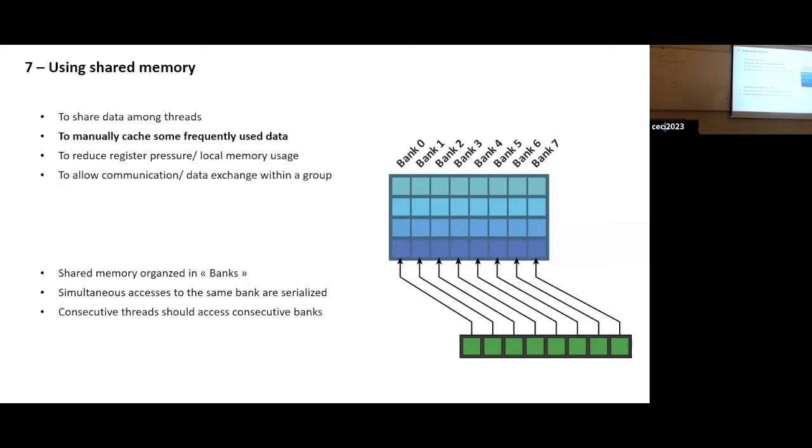It's the same if two threads want to write to the same bank, even if it's not the same memory location. If this thread wants to write here, but this one wants to write there, it's the same bank. So they can't do that at the same time. So it's going to be serialized. It's going to be a bit slower. And when that happens, this is called a bank conflict. And in order to avoid that, it's basically the same as with coalescent accesses. You want consecutive threads to access consecutive shared locations, because consecutive shared locations are in different banks. Okay?